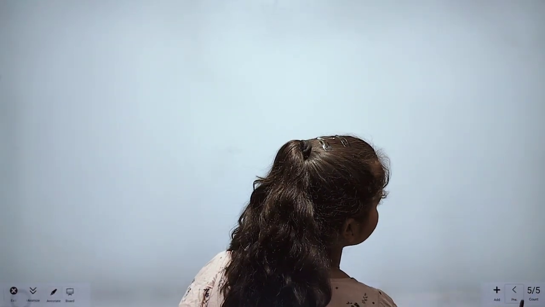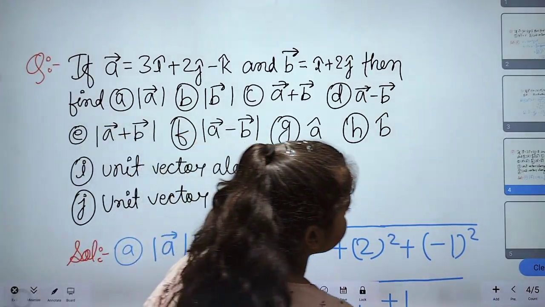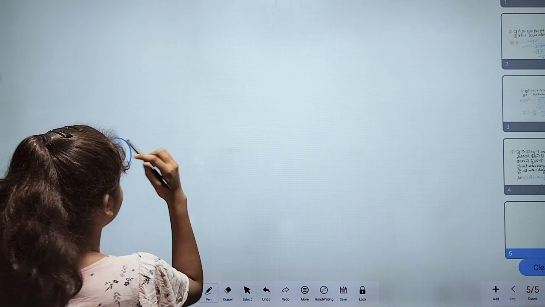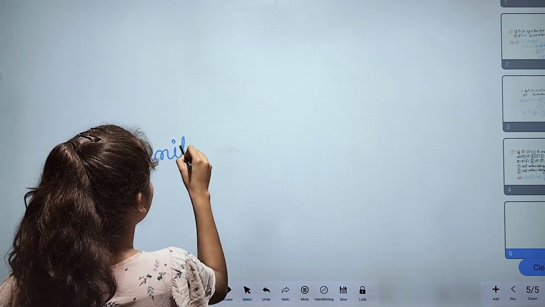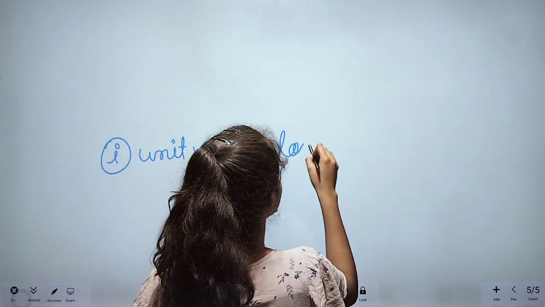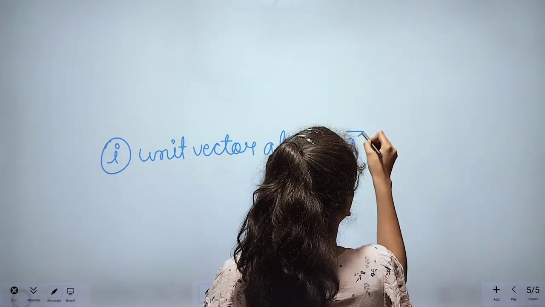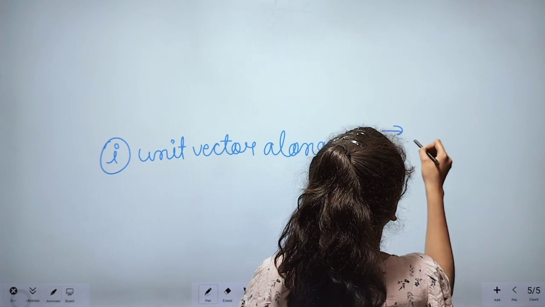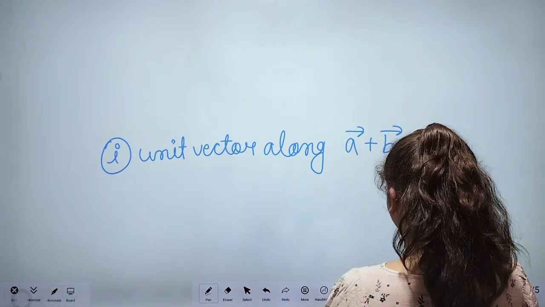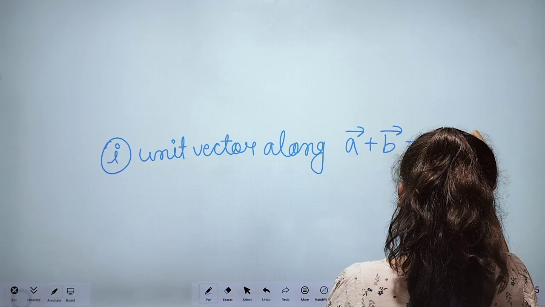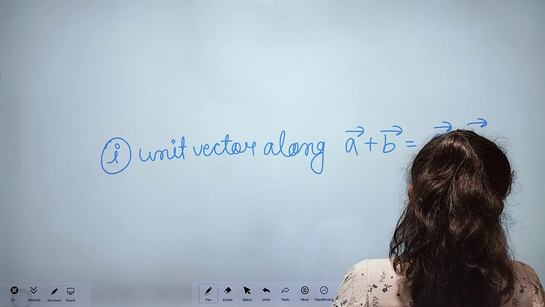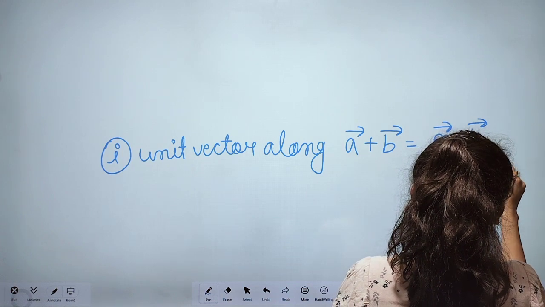It is I. So unit vector along A vector plus B vector is equal to A vector plus B vector by magnitude of A vector plus B vector.